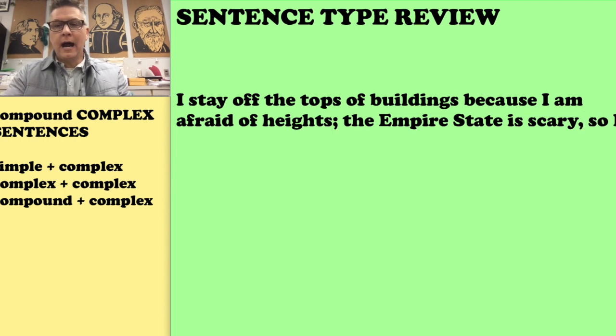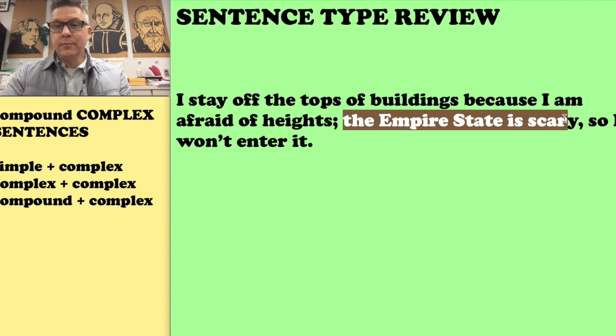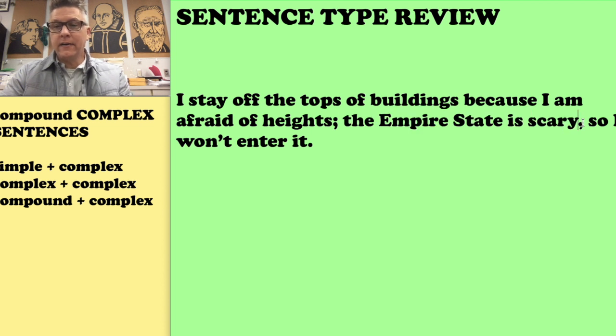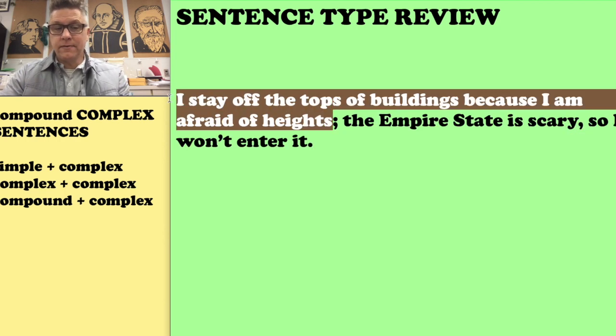So I won't enter it. And now I put a compound here. Simple sentence, the Empire State is scary, so I won't enter it. Simple sentence combined with a comma conjunction. So this is a compound, and I have the complex still here at the front. That's a compound complex. So any way you put those together, you have a compound complex sentence.